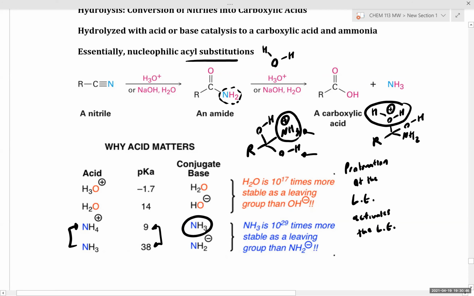So it's really important in your mechanisms you draw out these proton transfer steps appropriately, because protonation or deprotonation heavily affects the ability of a group to leave. And by the same token, it affects whether or not a given group is a good nucleophile or a terrible nucleophile. Does that make sense?